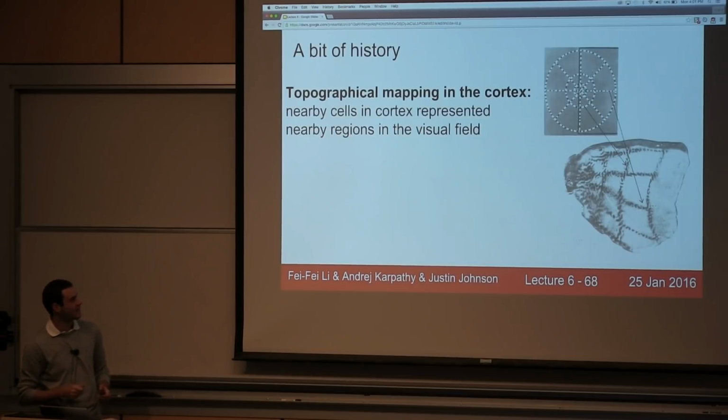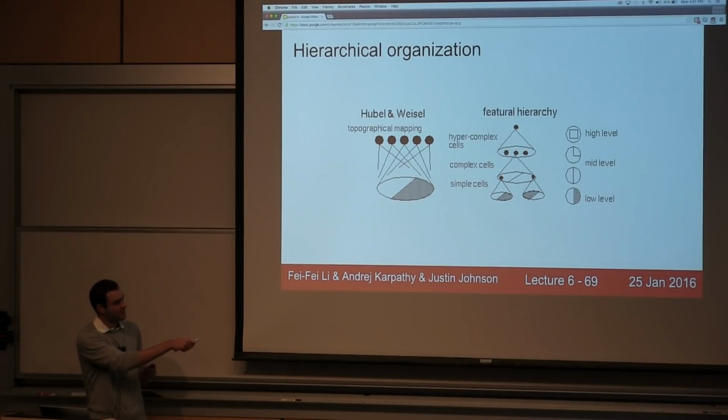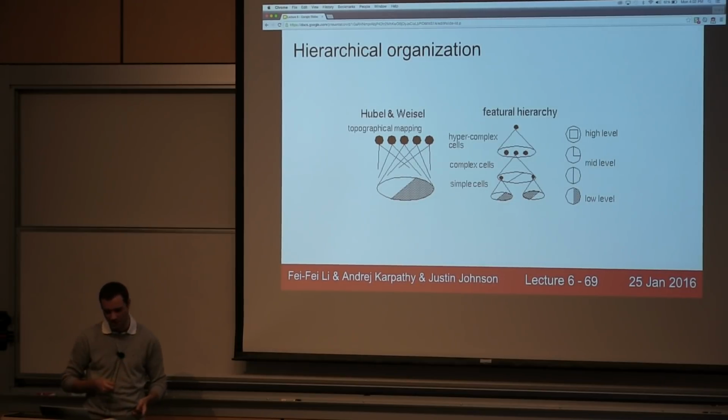And so they hypothesized through all of these experiments that the visual cortex has this kind of hierarchical organization where you end up with simple cells that are feeding to other cells called complex cells, etc. And these cells are building on top of each other. And these simple cells in particular have these relatively local receptive fields, and then we're building up more and more complex representations in the brain through successive layers of representation.